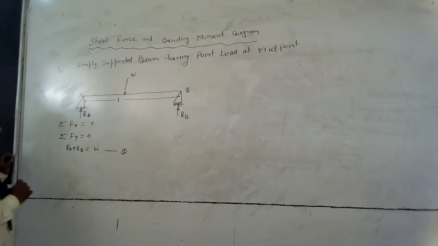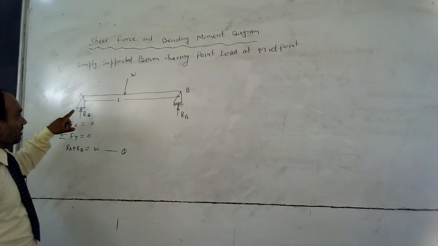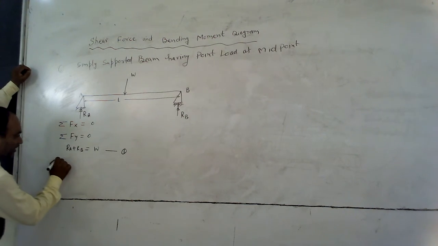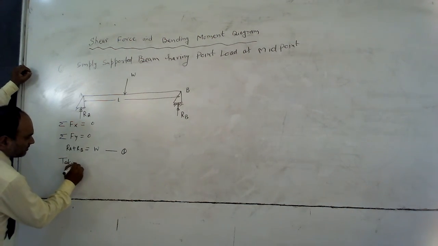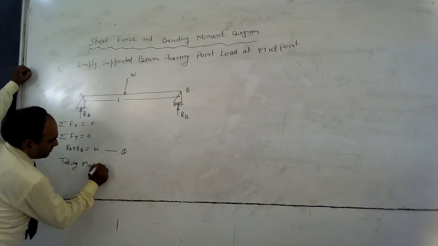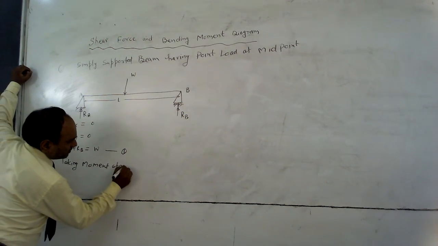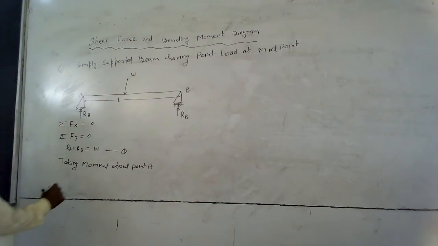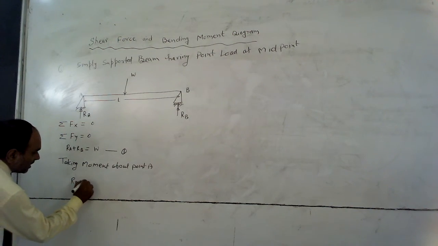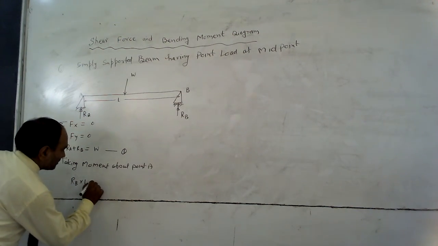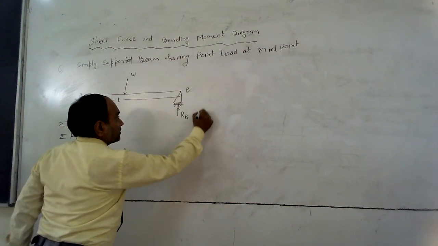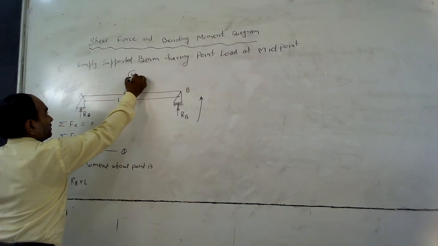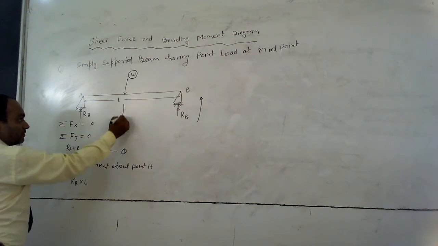So for the next equation we apply the moment about point A. Taking moment about point A, Rb into L. This moment is anti-clockwise, and the moment due to this load is clockwise.